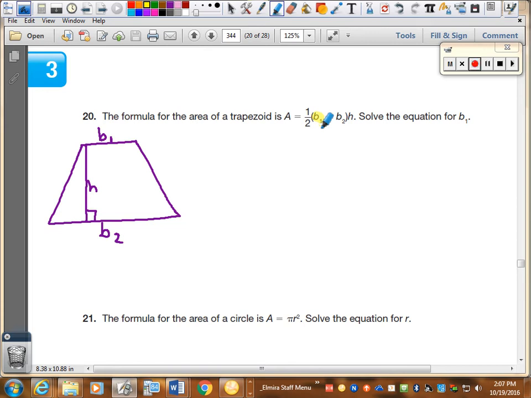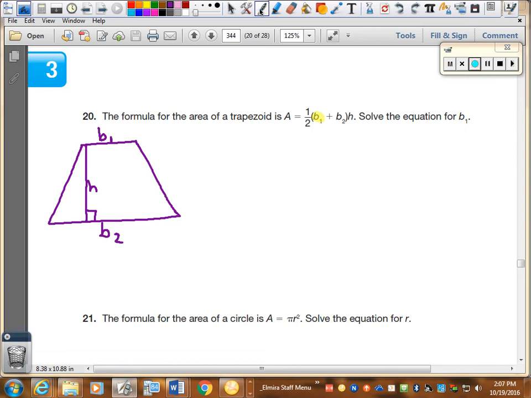Like h is for height. b stands for base, but there's 2 bases and the bases are different. So they just put a little 1 and a little 2 next to them so that you know that they're the same kind of number, but they're not the same physical number. Like they're not both 5. One's going to be smaller, one's going to be bigger.